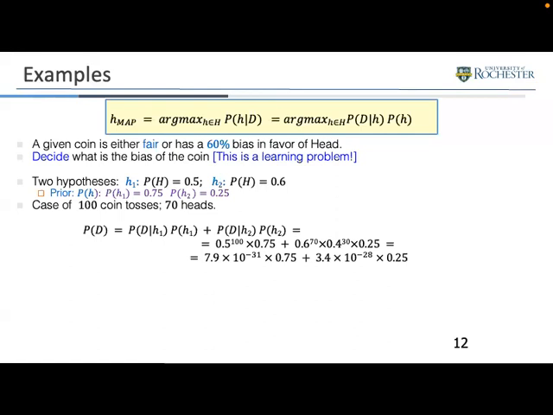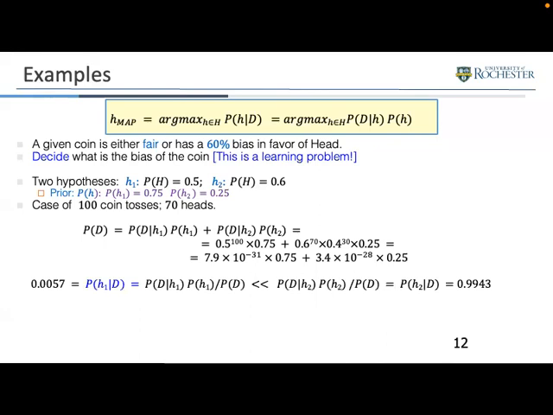So we use 0.5 to the power of 50 times 0.5 to the power of 50, together 0.5 to the power of 100, times the probability of hypothesis 1, plus the same with 0.6. Again, this is a binomial distribution times the probability for hypothesis 2 to be true. So in this case, our P(D) will be this one.